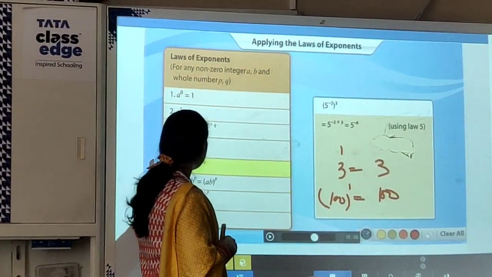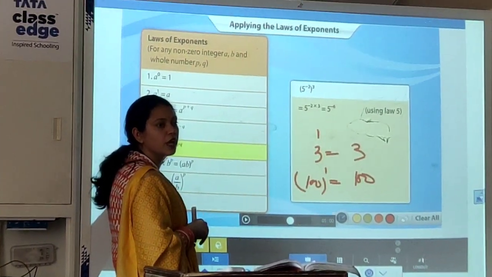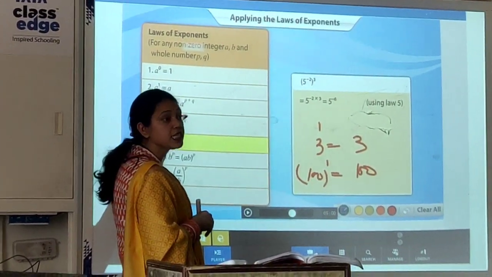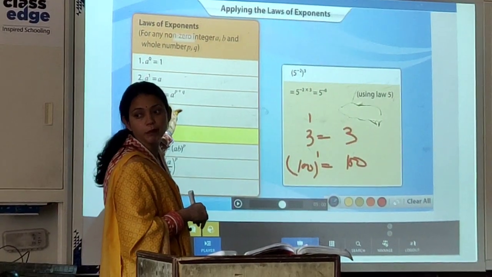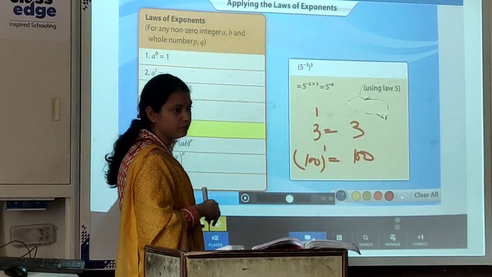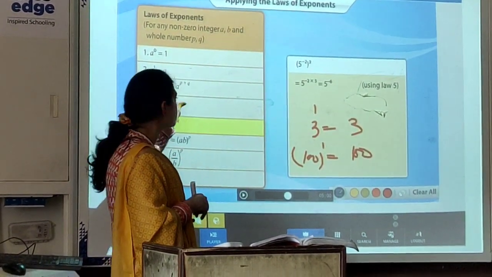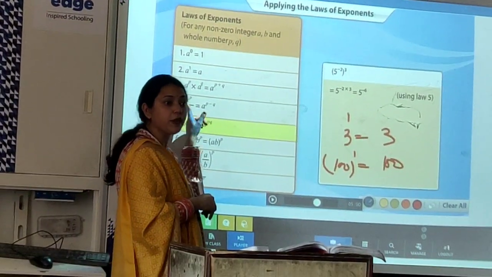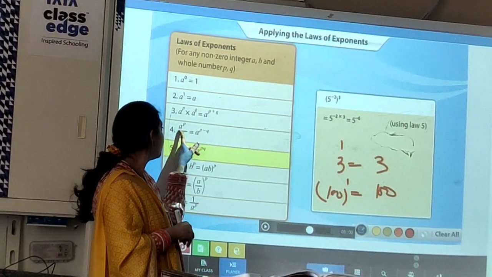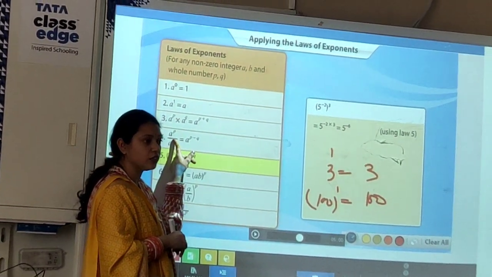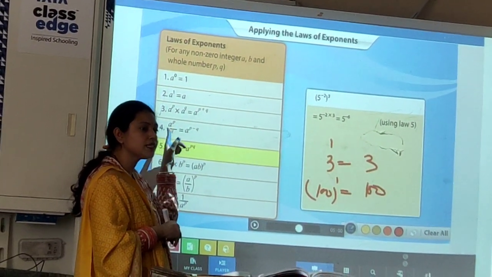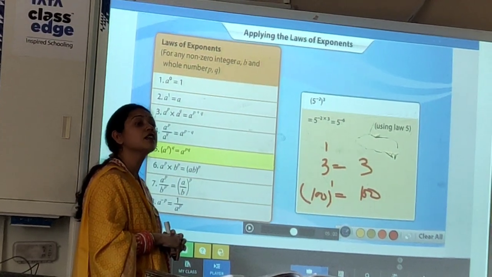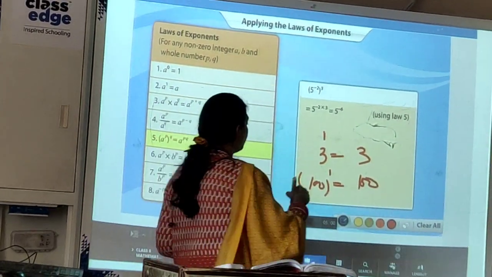Now third is that in multiplication, when the bases are same, then powers get added. Ready? Note this thing. This is a sign of multiplication. And this is what? Again, the bases are same, but the sign is division. In division, when the bases are same, powers get subtracted.